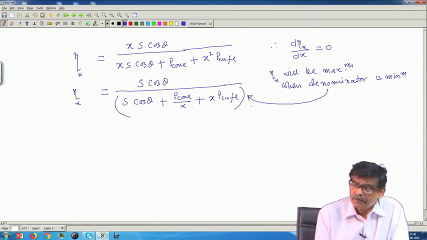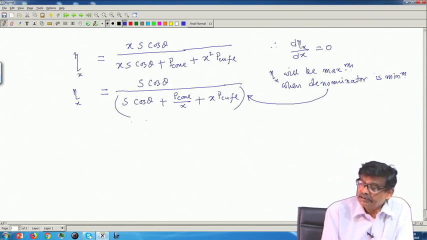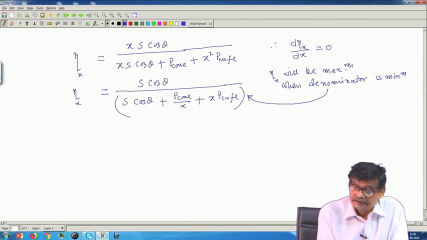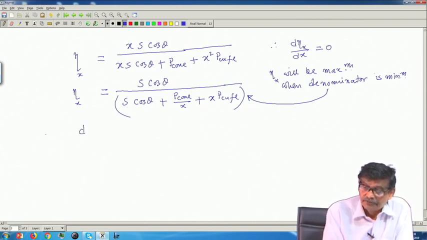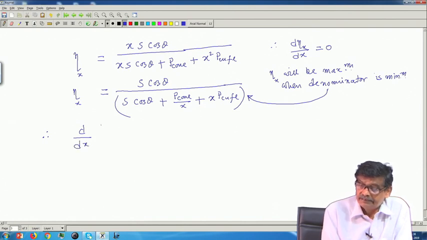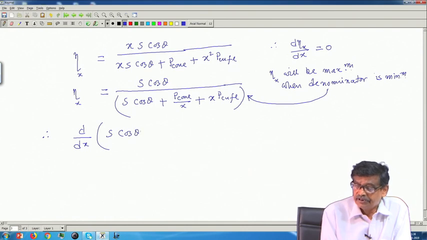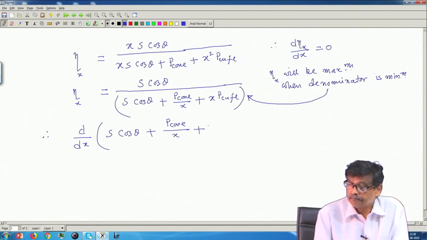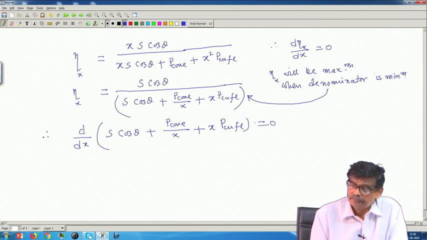So, minimum or maximum, whatever it is, it tells me that to have this denominator to be minimum, I should differentiate this like this and set it to 0.